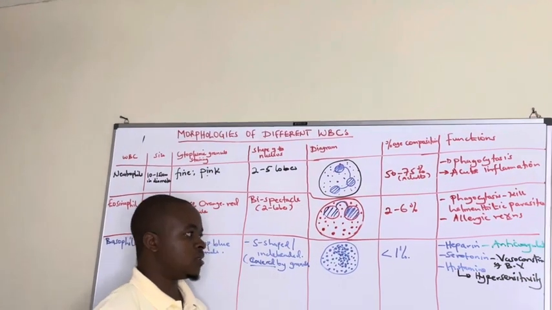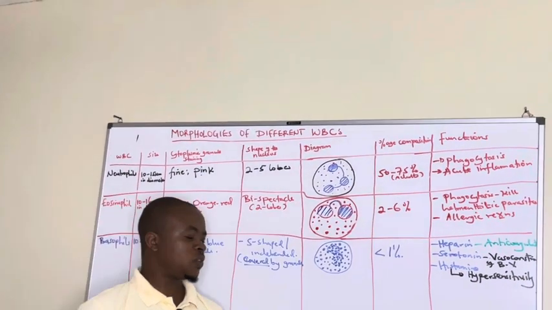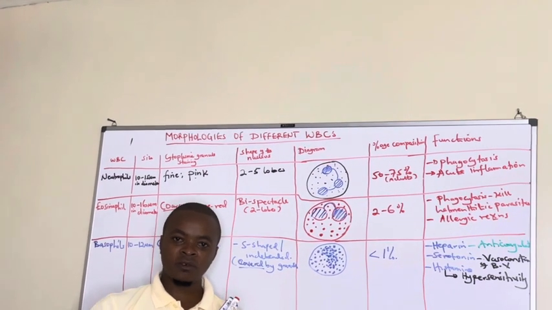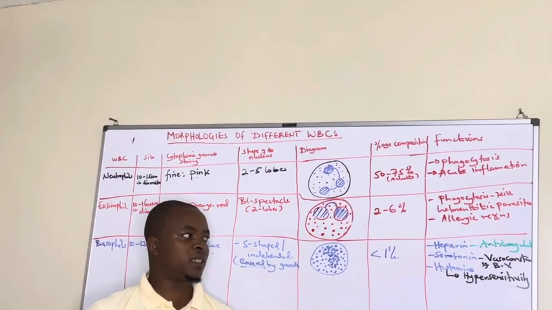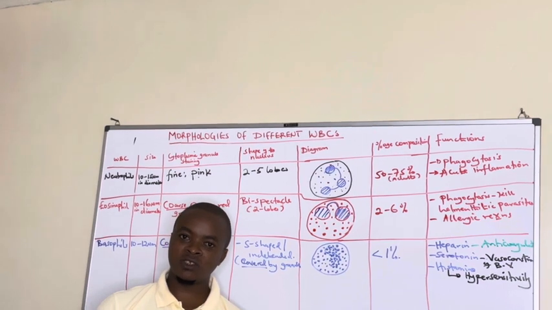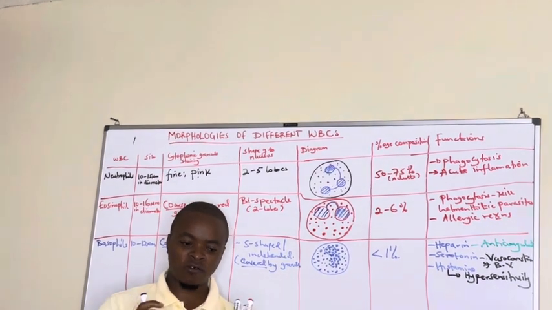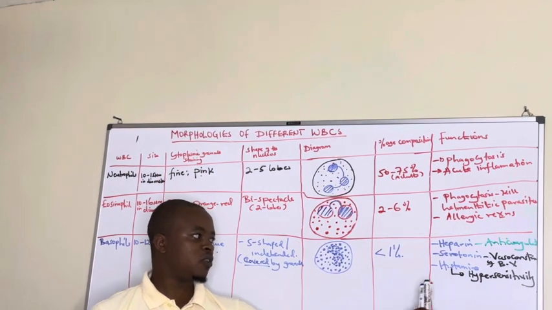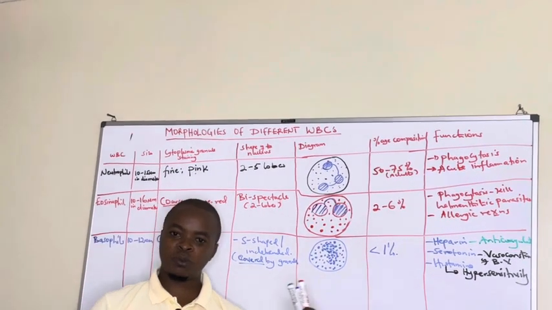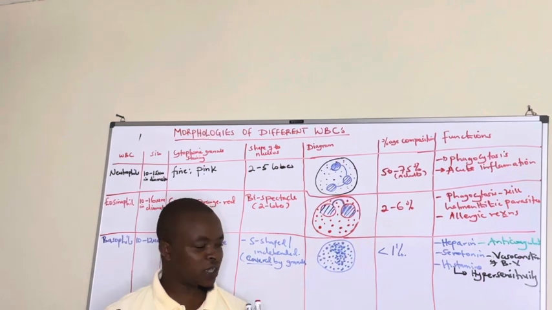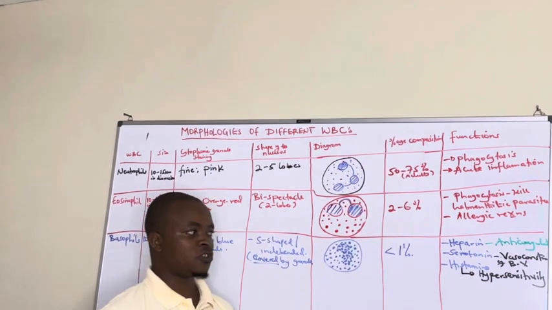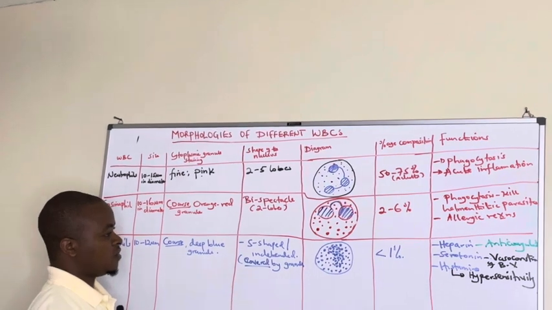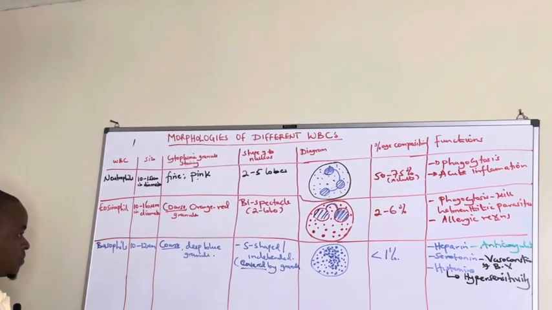So the major functions of basophils are the production of heparin, a natural anticoagulant in our body; serotonin, a strong vasoconstrictor; and histamine, which participates in allergic or hypersensitivity reactions.